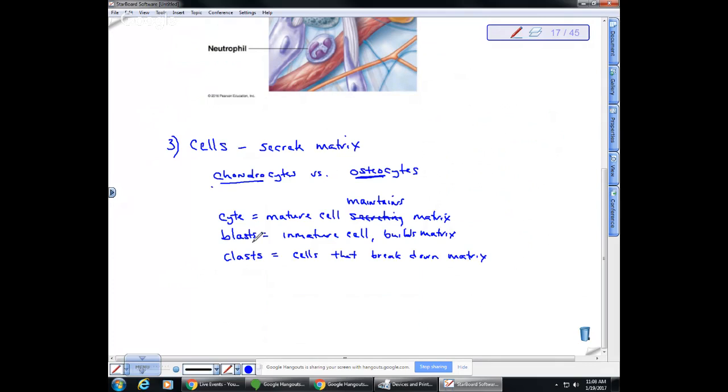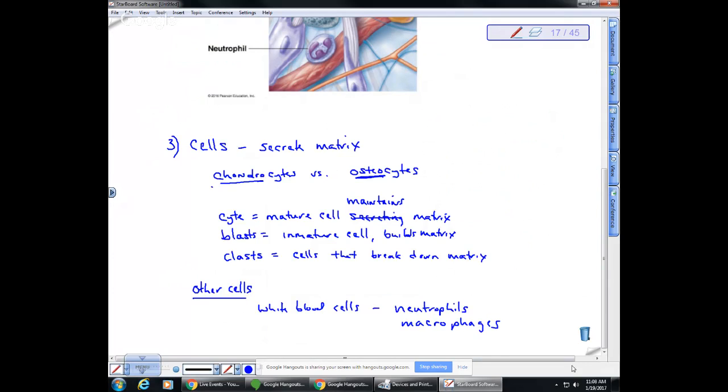We also have other cells besides those that secrete the matrix or break it down or maintain it. These could be white blood cells, like neutrophils, which eat debris, and macrophages, which are also cells that eat the debris.